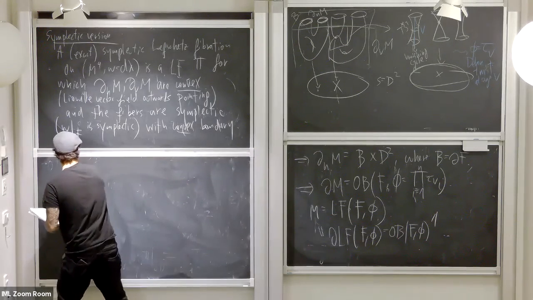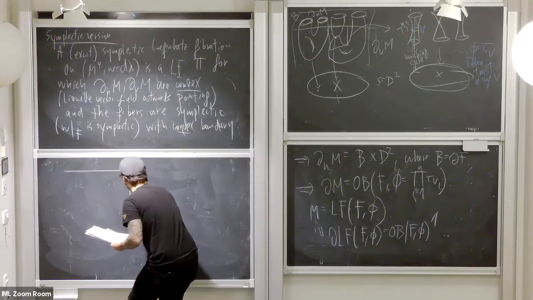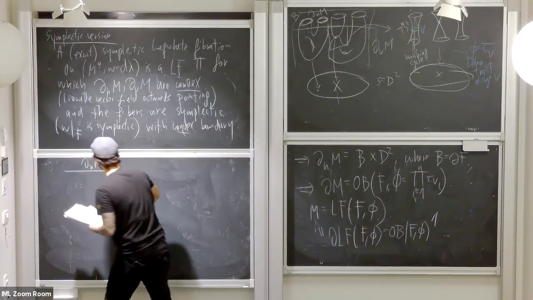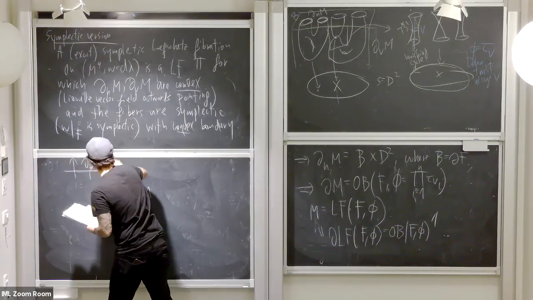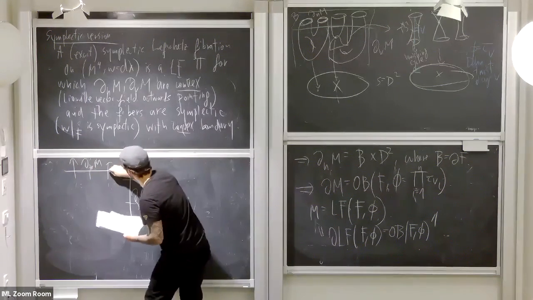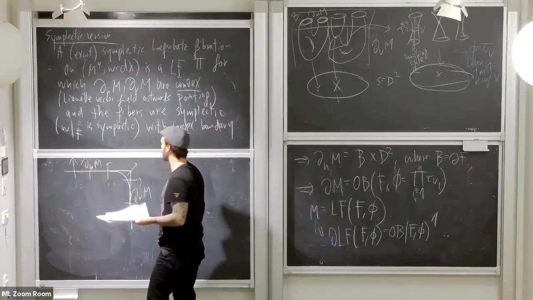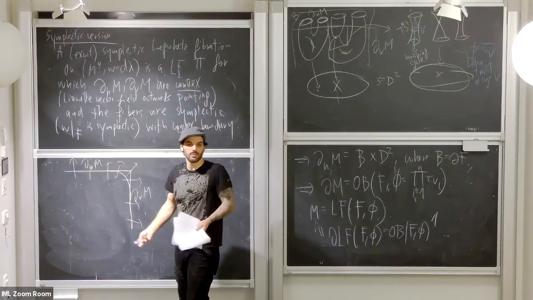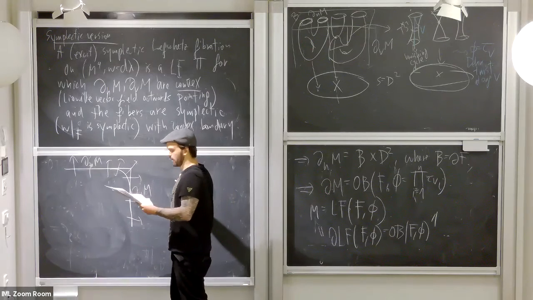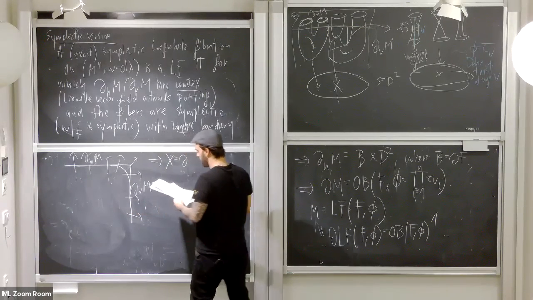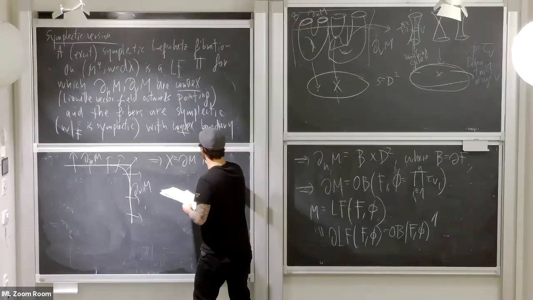You've got the horizontal boundary, and you've got the vertical boundary. The Liouville vector field points out, also points out here. And you can smoothen the corner so that the boundary becomes a smooth manifold. And so the boundary is contact type. So in other words, the boundary of M is contact type.